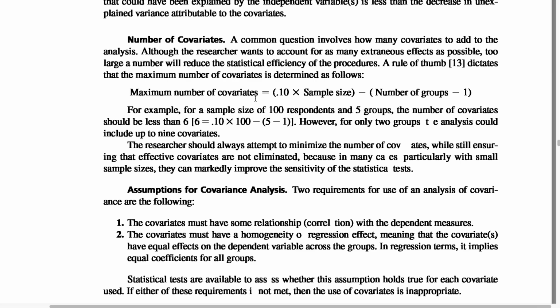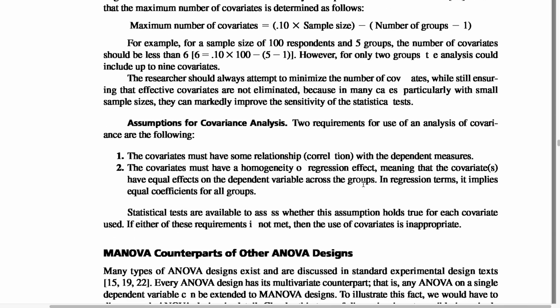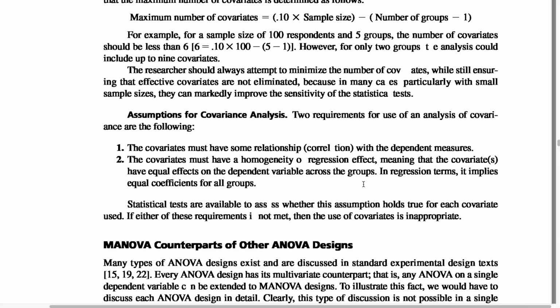Assumptions for covariance analysis. Two requirements for the use of an analysis of covariance are the following. Number 1, the covariate must have some correlation with the dependent measurement. Number 2, the covariate must have homogeneity of the regression effect, meaning that the covariate has an equal effect on the dependent variable across the groups. In regression terms, it implies equal coefficients for all groups.